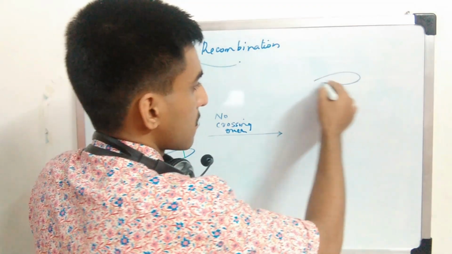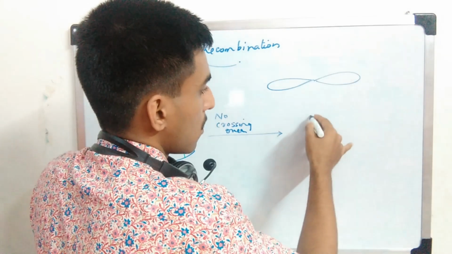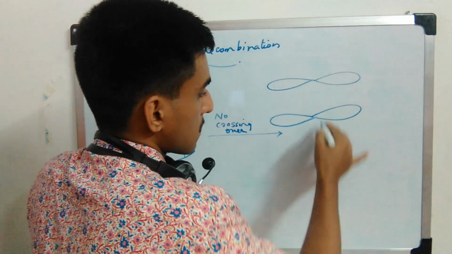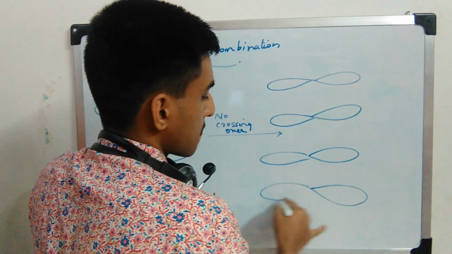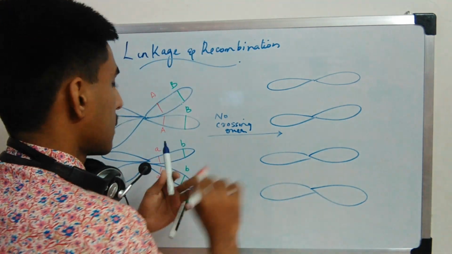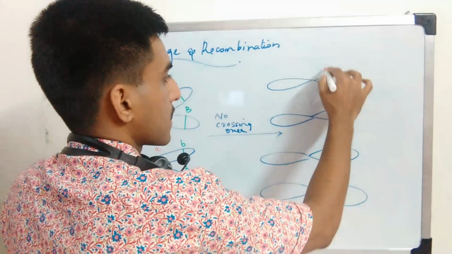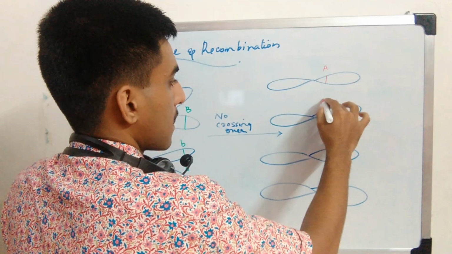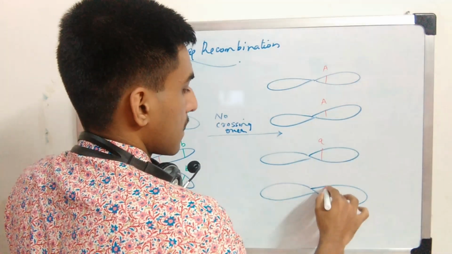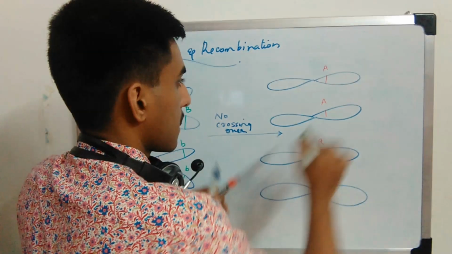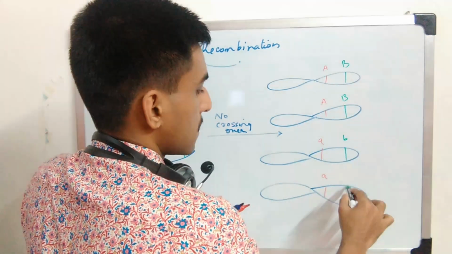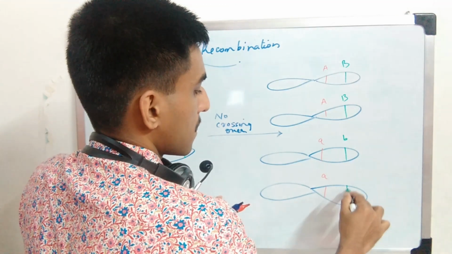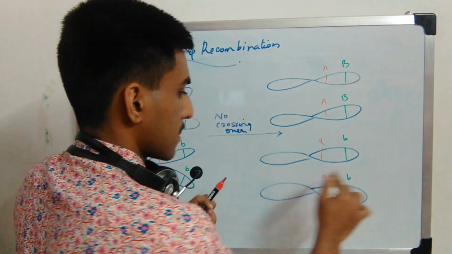After meiosis 1 and 2, this will be the condition of the cell. There will be 4 cells formed, and these 4 cells are haploid. So think about what the condition will be.